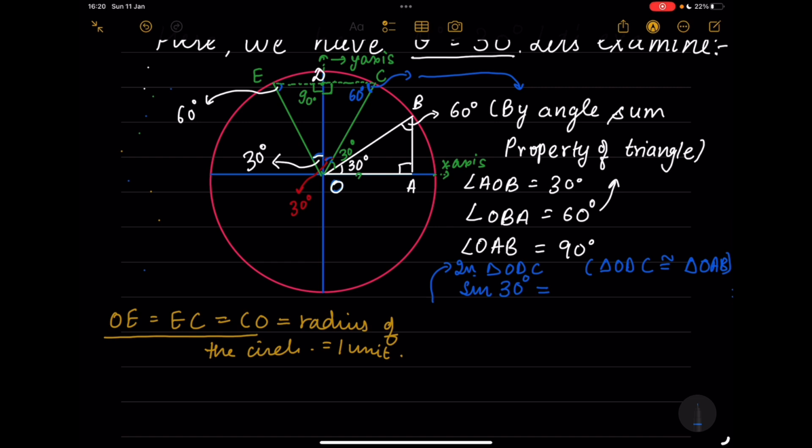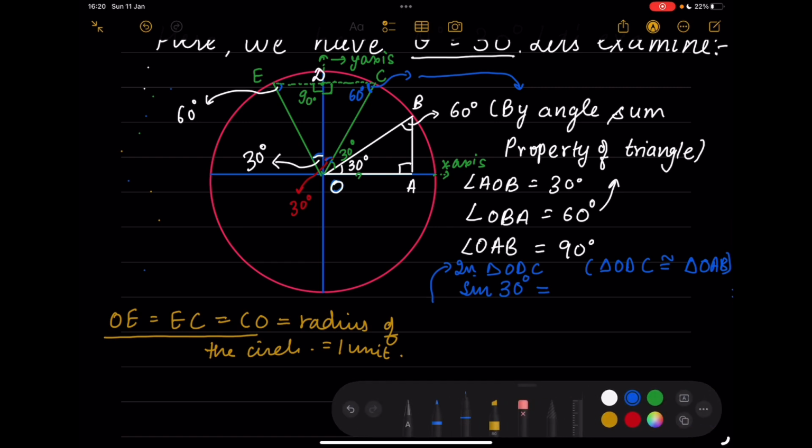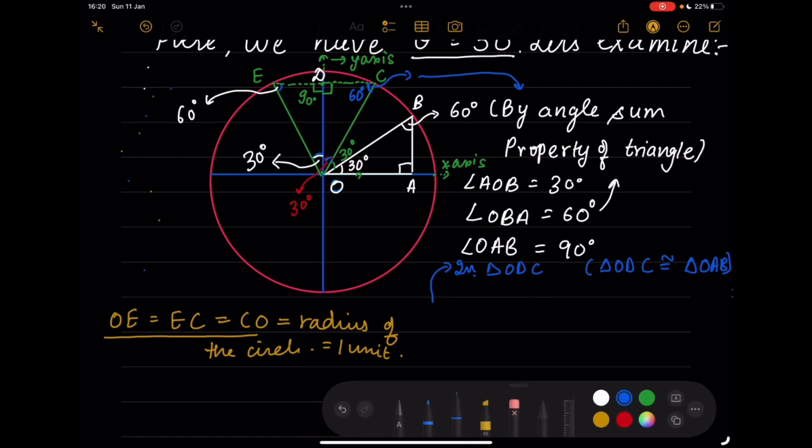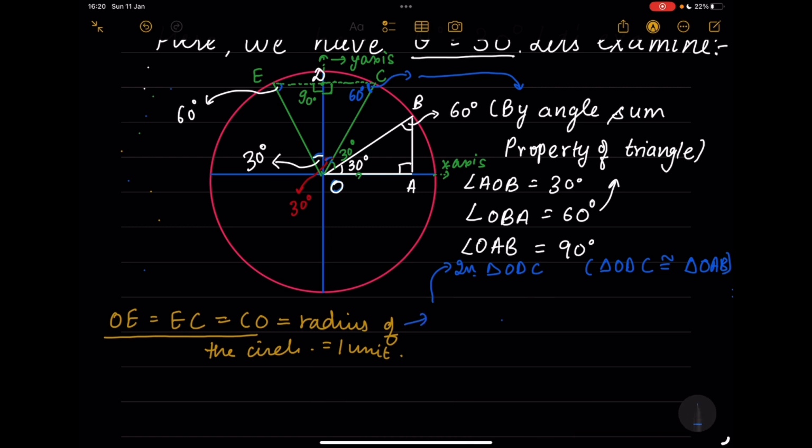Now, coming back to the equilateral part, which triangle are we considering? Firstly, we need to specify that we are using the triangle ODC. So we have OC is equal to 1 unit, and we will have CD as half unit.